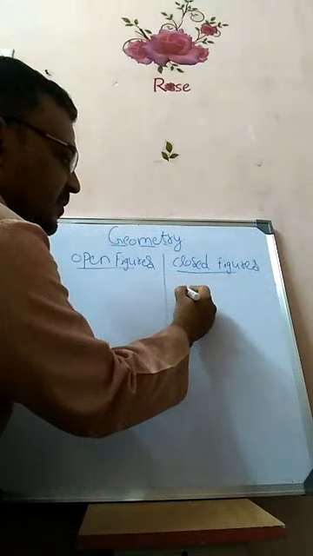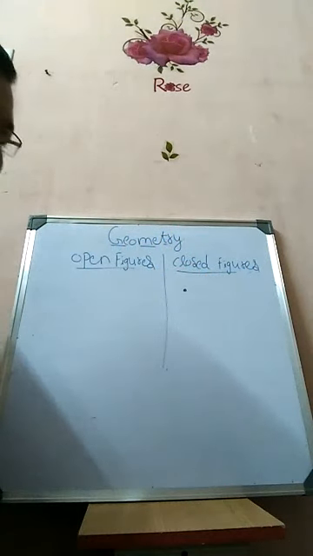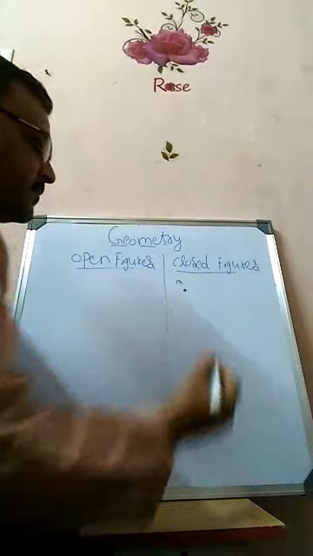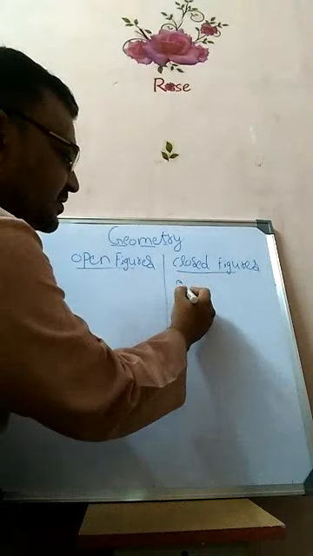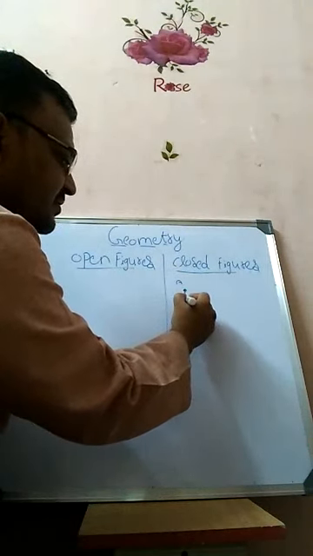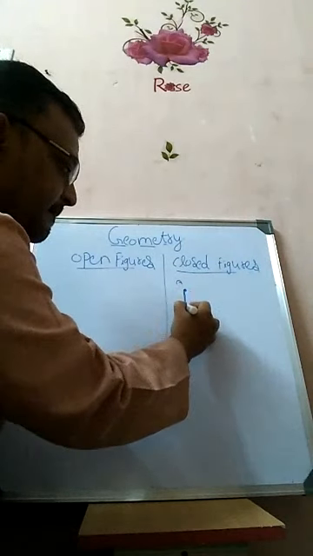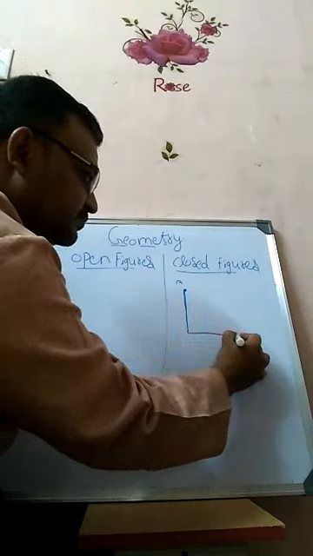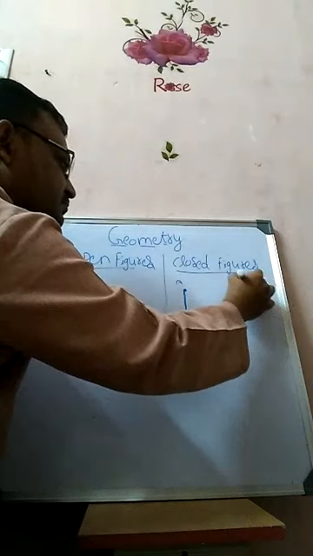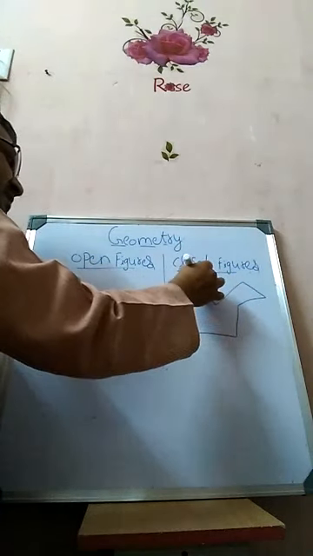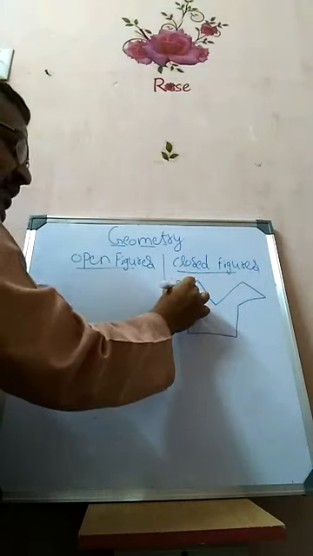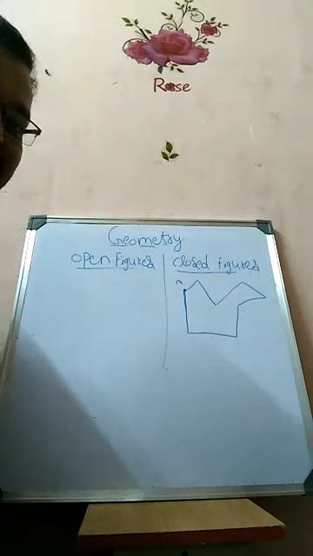Look, it is one point A. I started drawing one diagram from A. And again came back to A finally.